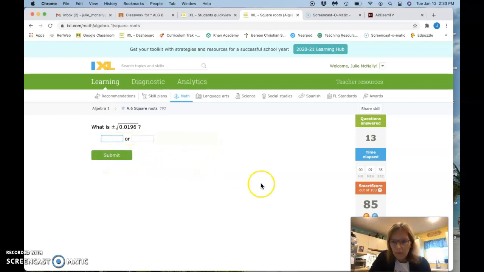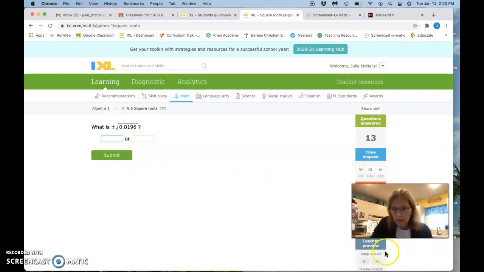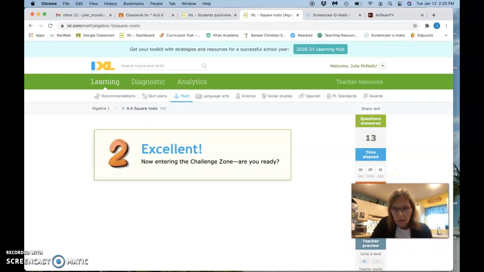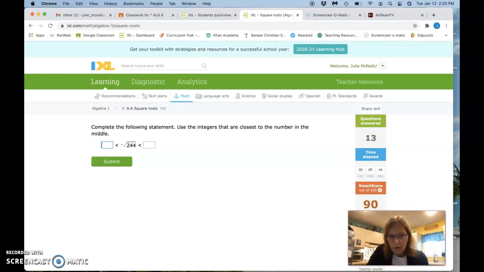All right, let me skip ahead again and see if we get anything different. Okay, when it has this little setup here, you want to find the square root of the number. So I'm looking at 244, which is 15.6. Complete the following.